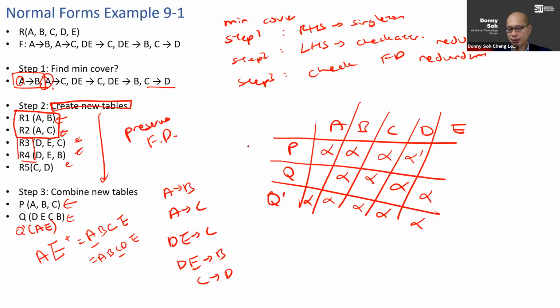Let me do this again. So the reason is because AE is able to imply all the other attributes. Let me clarify this again. AE is able to imply all my other attributes. So you see A implies B, so this will be alpha 1.